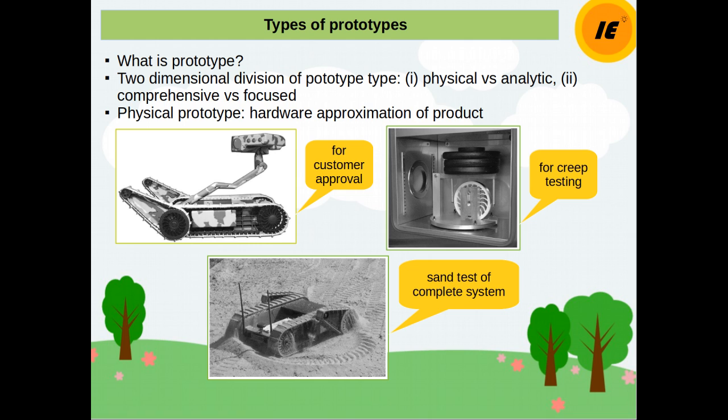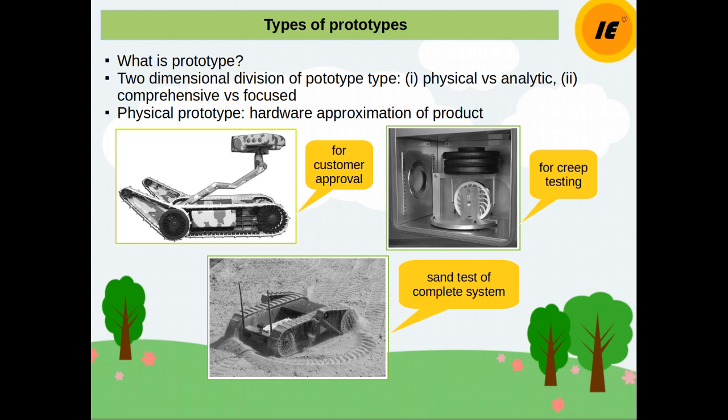And finally, the third physical prototype shown in the figure below is the sand test of a complete system. You can see from the word itself, sand test, and in the figure also. What I'm trying to say here is that each prototype doesn't mean it's the full form product.